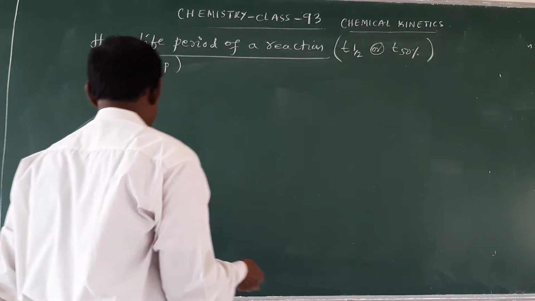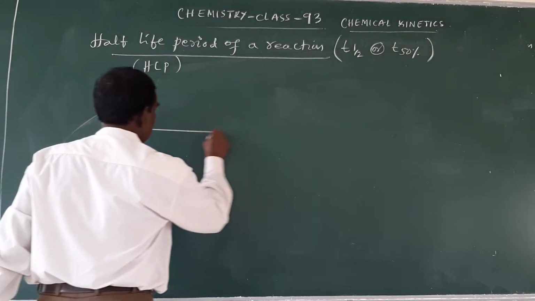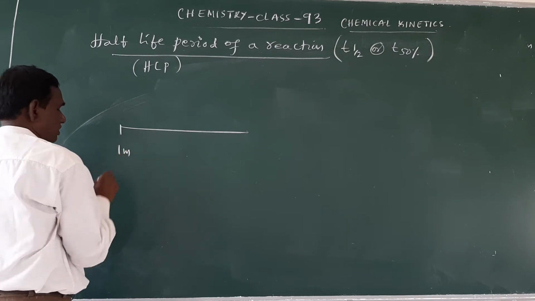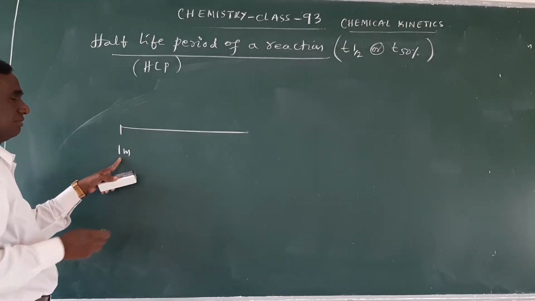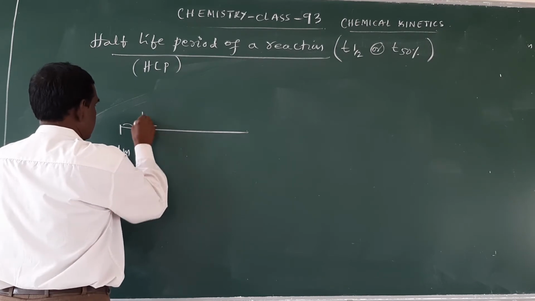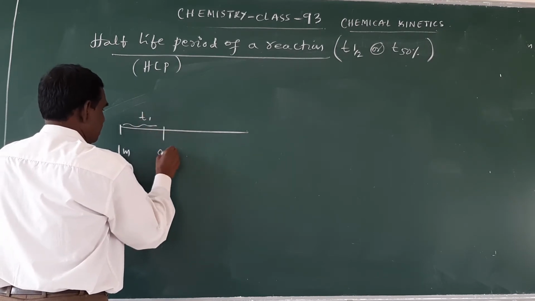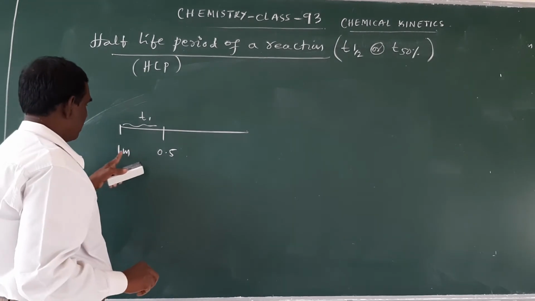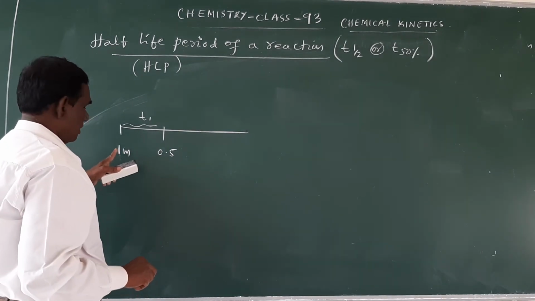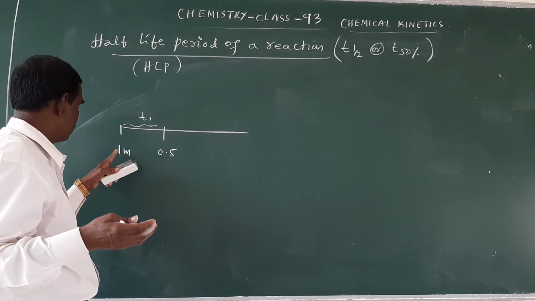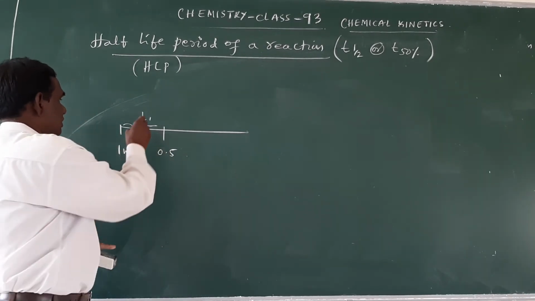For example, say 1 molar is the initial concentration of the reactant. After some time, that is t1, its concentration becomes 0.5. So what is the time required for the reactant to reduce its concentration from 1 molar to 0.5? That is t half.